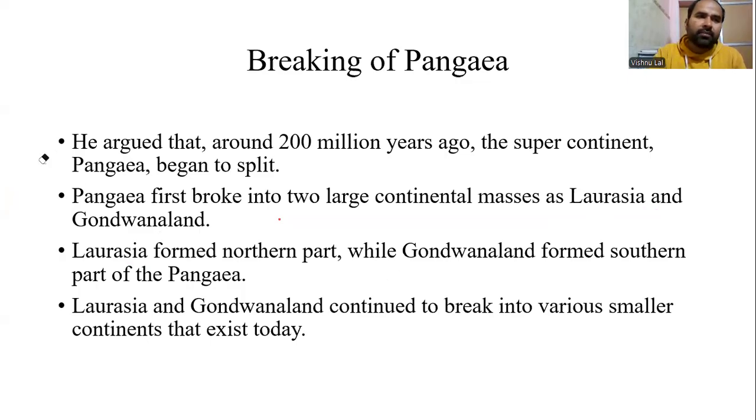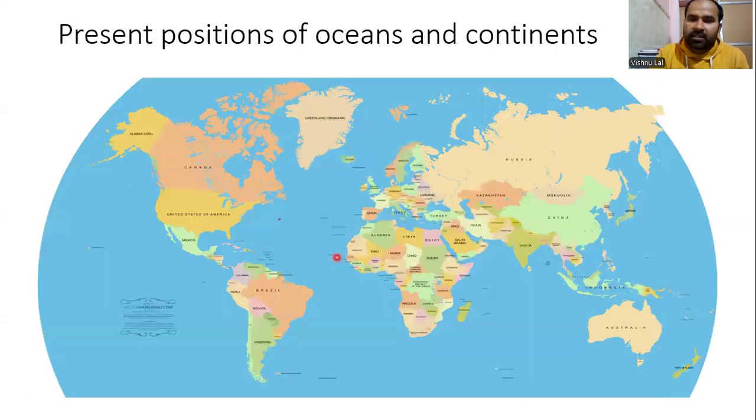If you see the map of the world, places like North America, Eurasia and Greenland were part of Laurasia, the northern part. In case of Gondwanaland, South America, Africa, India, Australia and Antarctica were part of Gondwanaland.